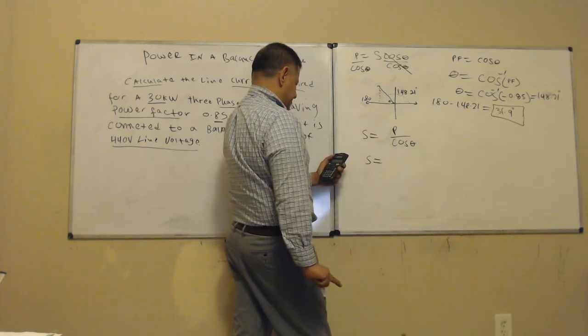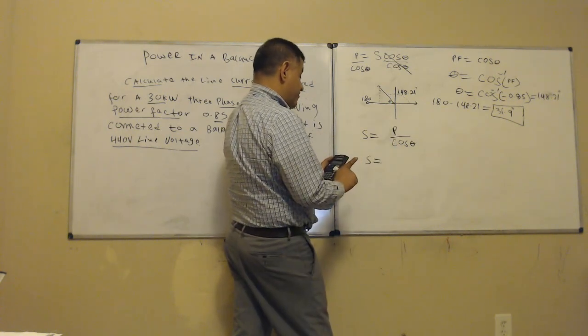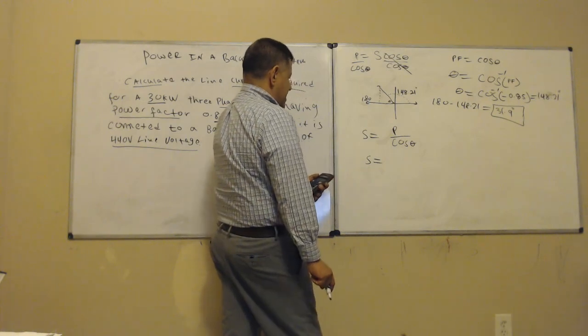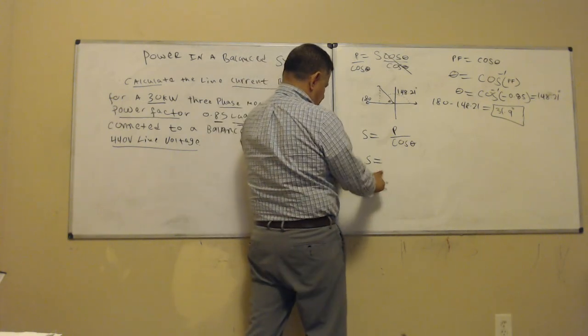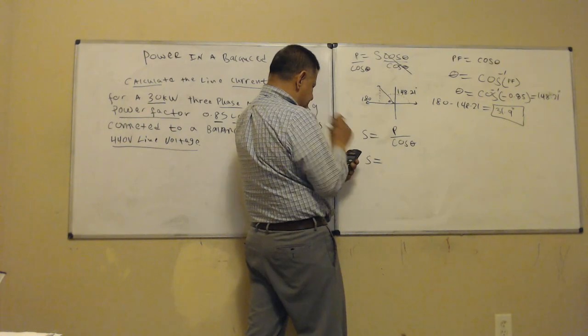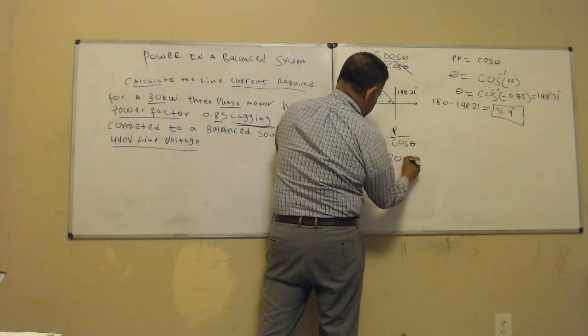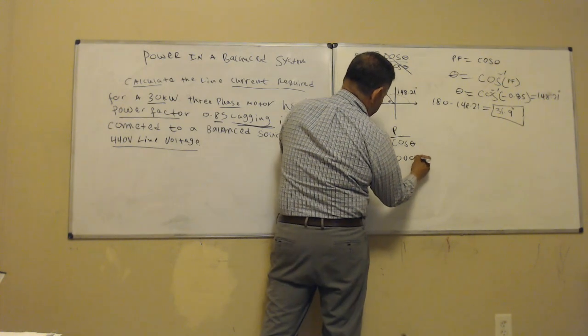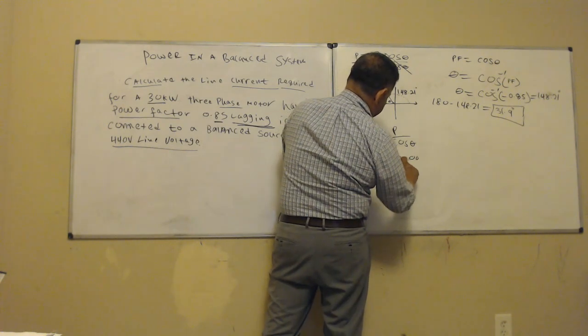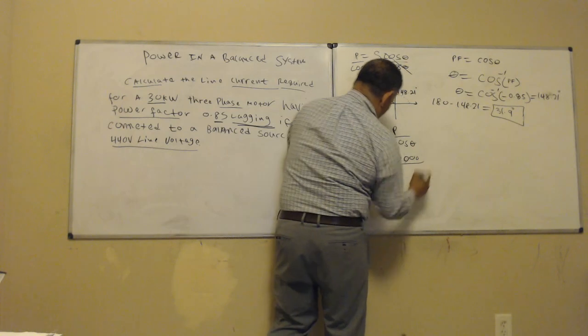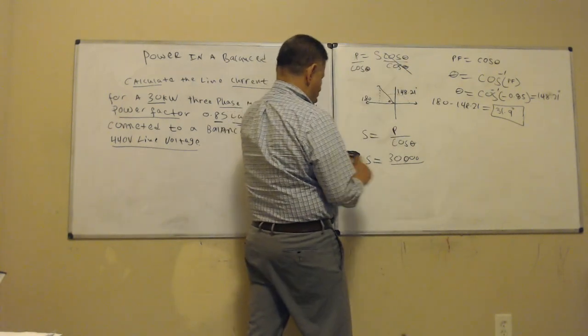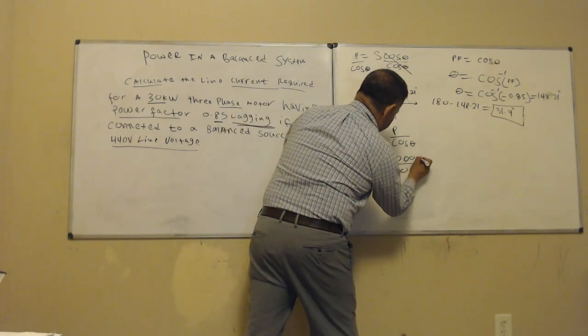Now it's a very, very important step to do. So S is equal to 30,000 over cosine, right?